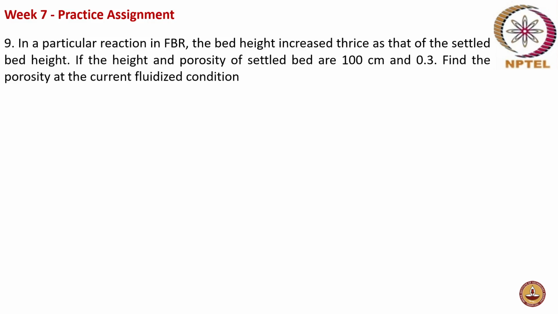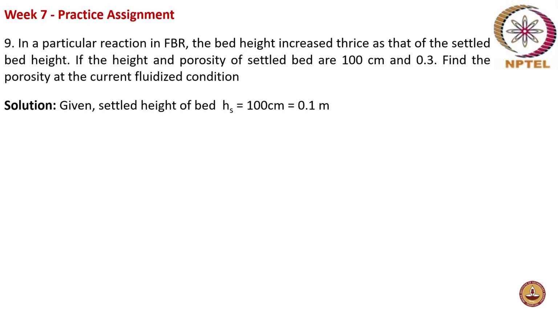And they have also given that the porosity of the settled bed is 0.3. Now we have to find out, under the fluidized condition, what is the porosity of the bed. So the solution: given the settled height of the bed Hs is equal to 100 centimeter, that is nothing but 0.1 meters.